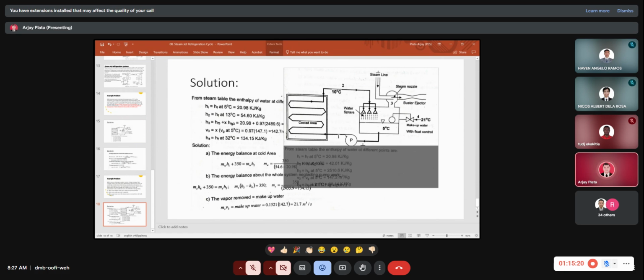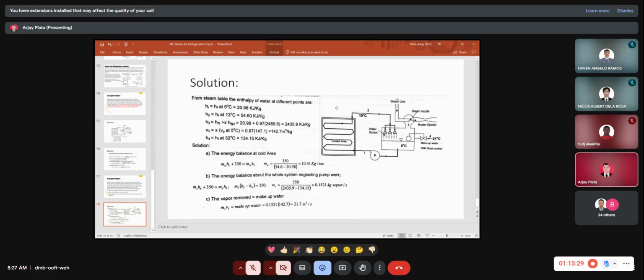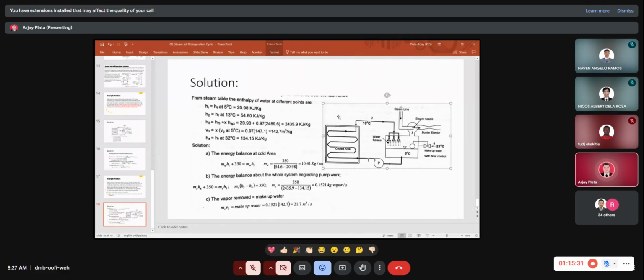By the way, ibibigay na namin yung steam table during the exam. Ay, wait lang. Nabigay ko na ba yung result of your midterm? Have I returned your paper? Okay, sorry.